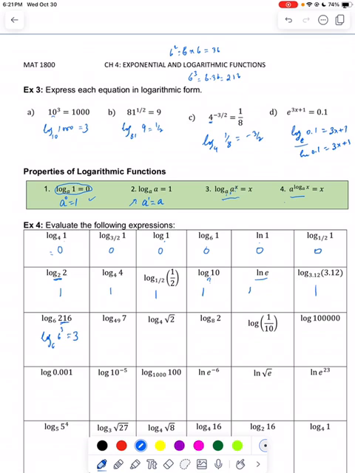Okay, next one, log of 7 to the base 49. Now if you can write 7 as some power of 49, then it's good. But if not, then I will show you a trick.